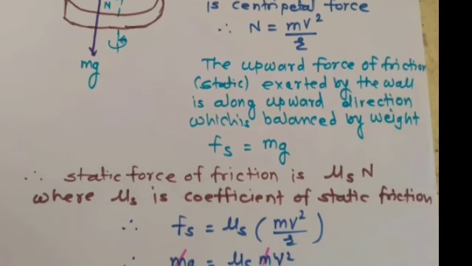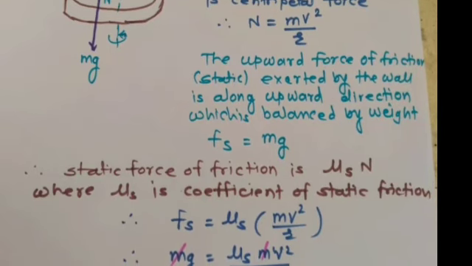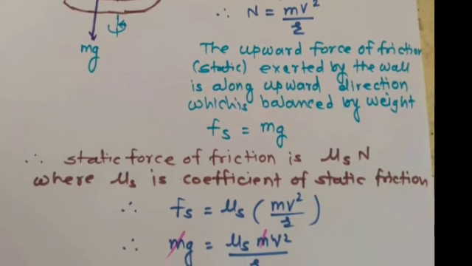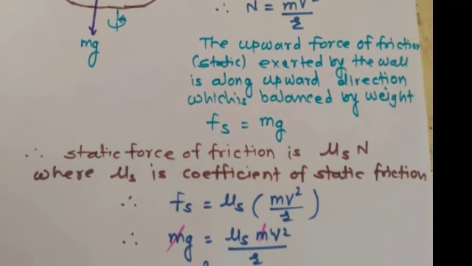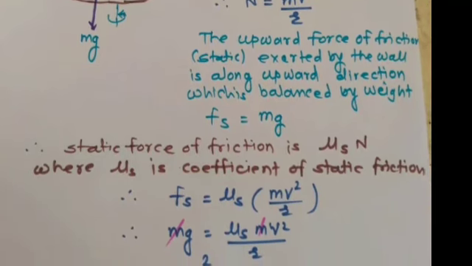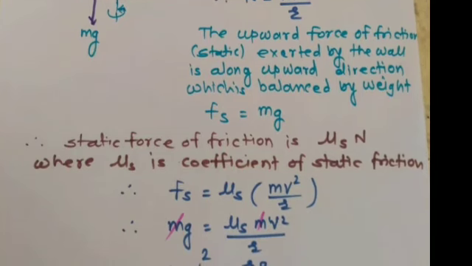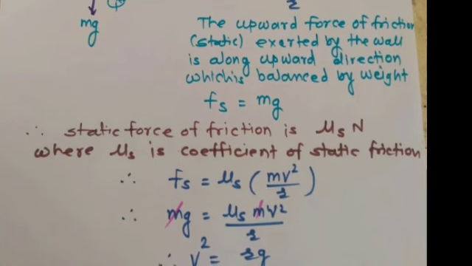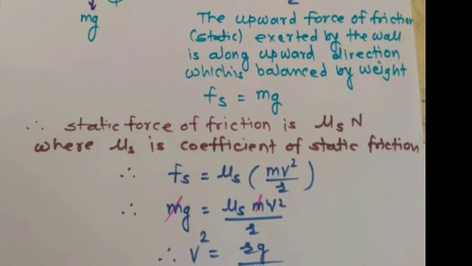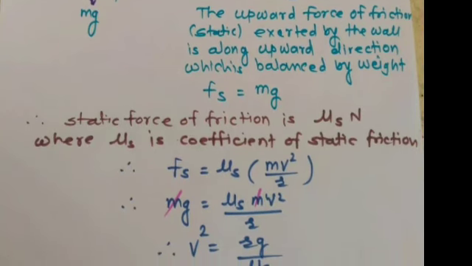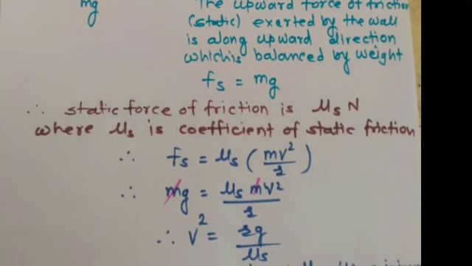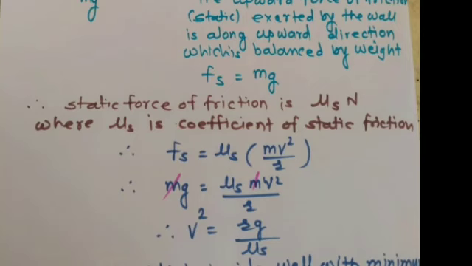Static force of friction is mu s N, where mu s is coefficient of static friction. If we substitute the value of N, static force is equal to mu s in bracket m v square upon r. If we substitute the value of static force, so mg is equal to mu s m v square upon r. m gets cancelled.